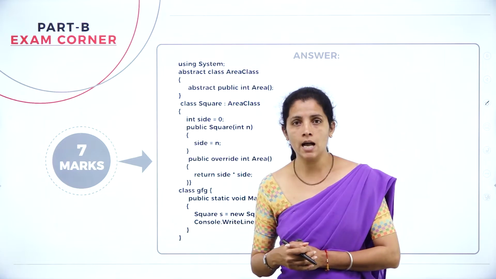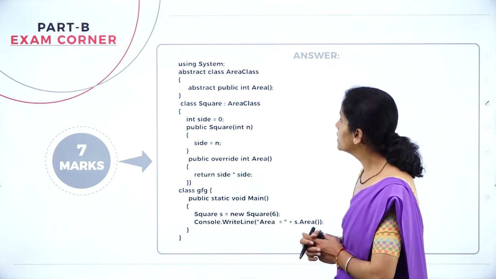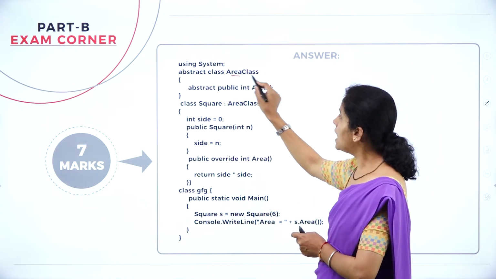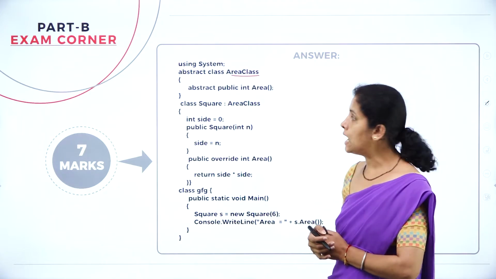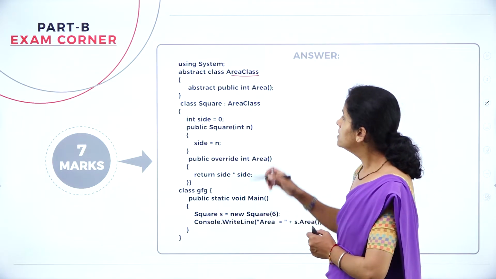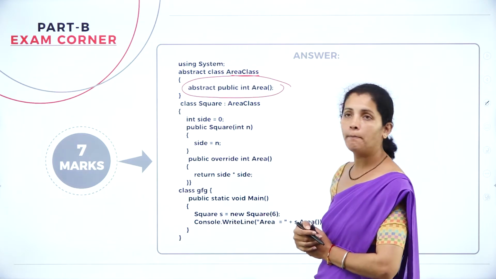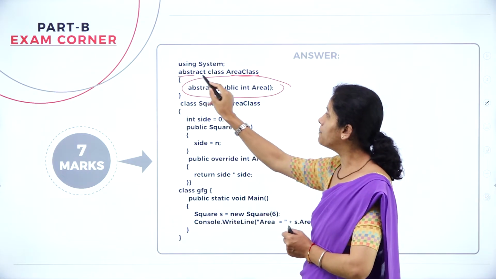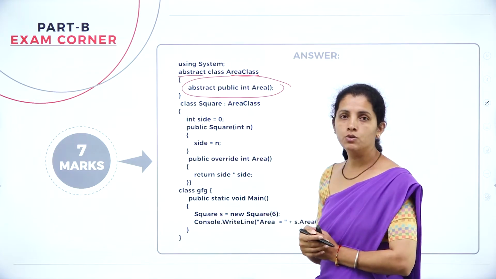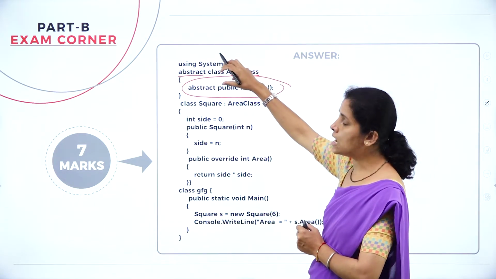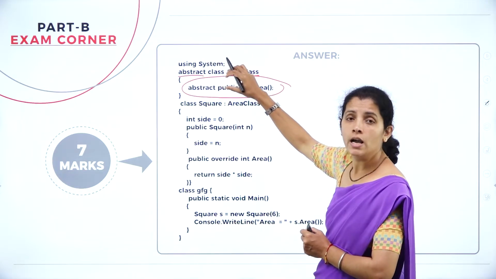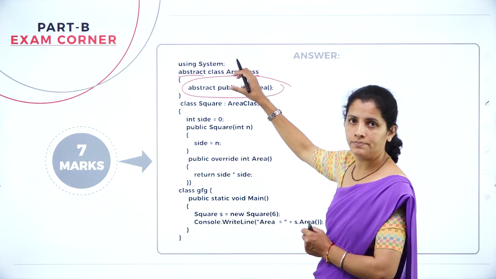Now, this is the example program. So here, what is my class name? Area class. See here, I'm going to create the abstract method and this is my abstract class. So dear student, according to the explanation, for this class I am not able to create an object.